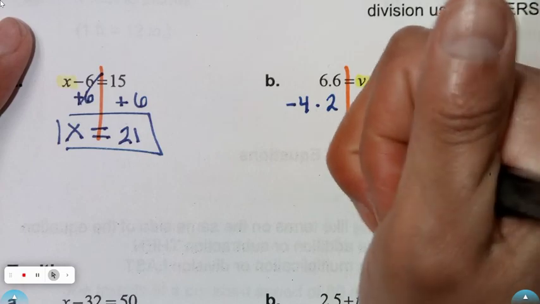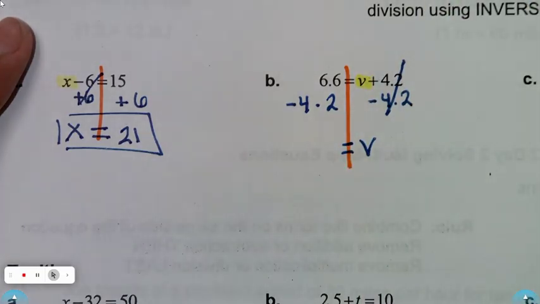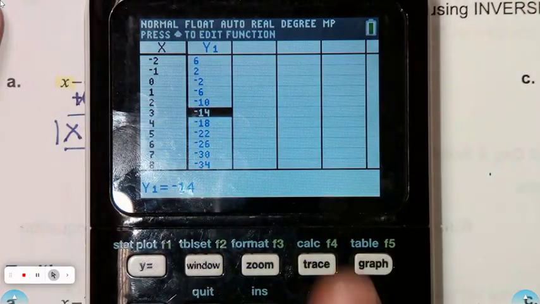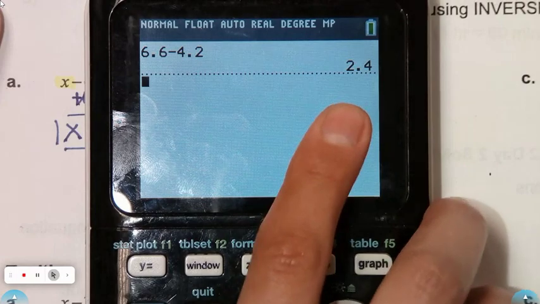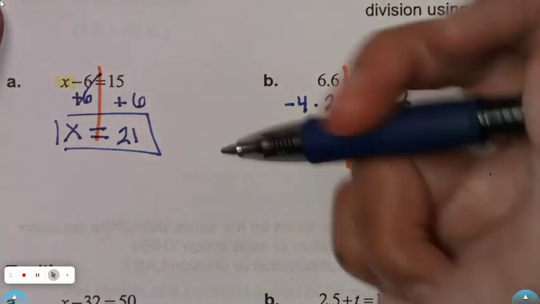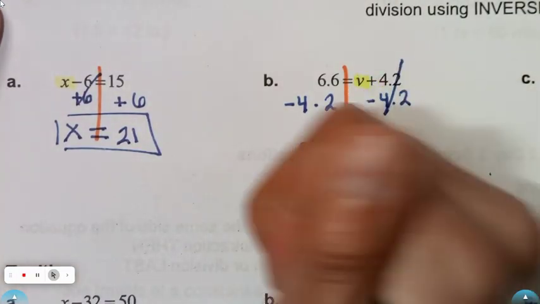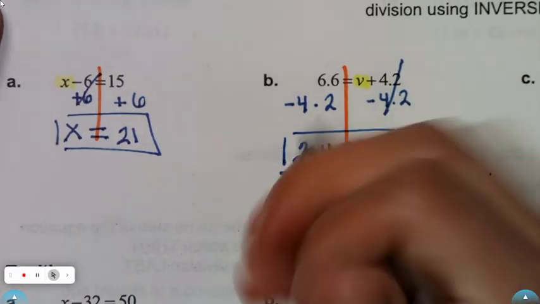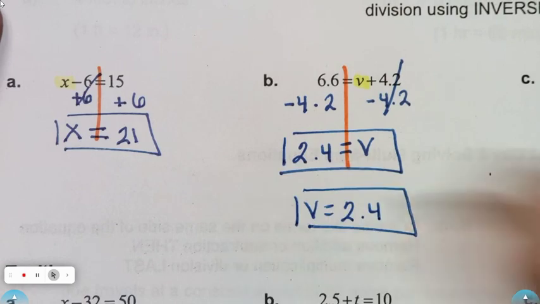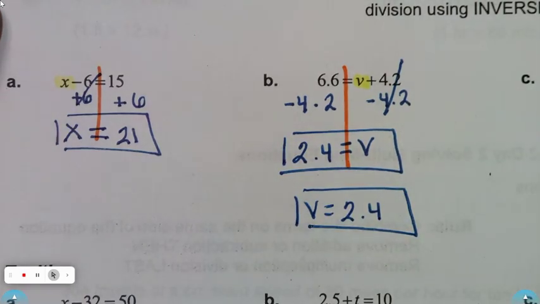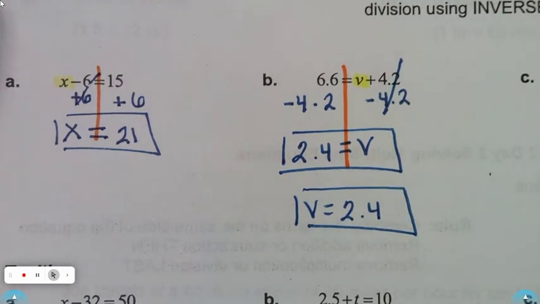I bring down my equal sign. 6.6 minus 4.2, 2.4. So then this is my answer. You could also switch the order if you feel more comfortable with that, but they're the same thing. So v equals 2.4 or 2.4 equals v.